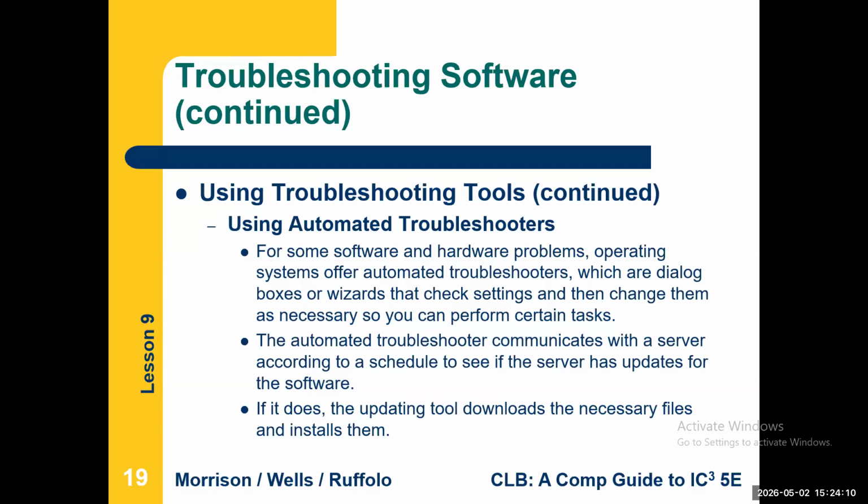So the automated troubleshooter will see that the software that you are trying to install is old, and there is a new version of it that you need to install. In that case, it communicates with the server and gives you access to get the updated software. Once you download and update it, that particular problem will be solved.